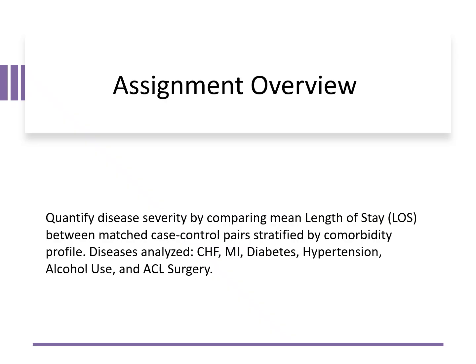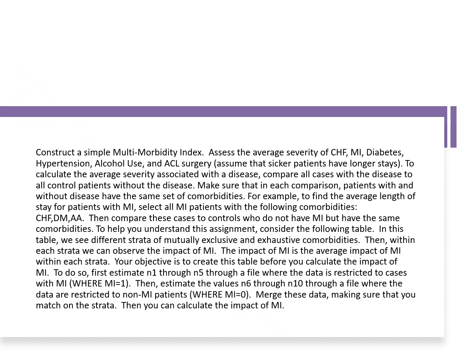We apply this approach to 6 conditions: CHF, MI, diabetes, hypertension, alcohol use disorder, and ACL surgery. For each of the 6 diseases, we build a comparison table where every row represents a unique combination of other conditions a patient may have. For example, patients who have both CHF and diabetes but none of the other conditions.